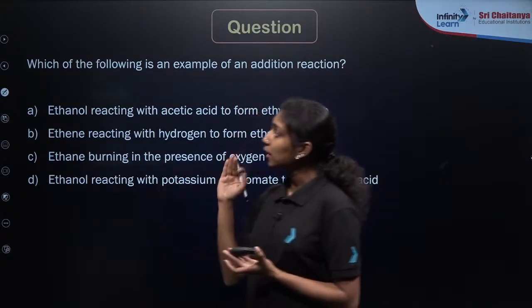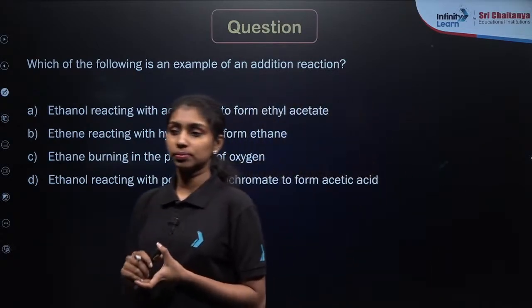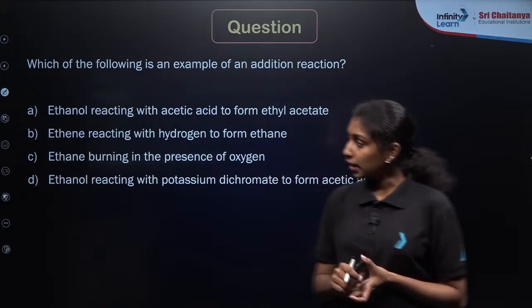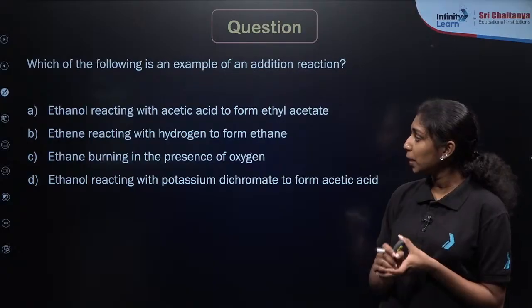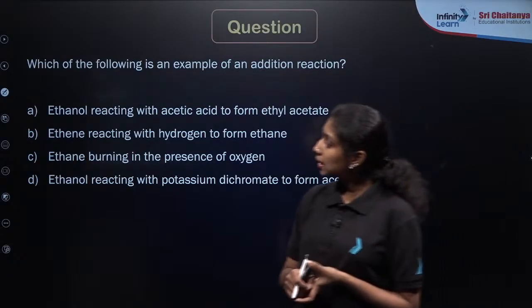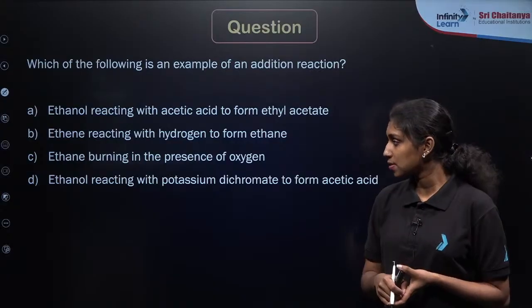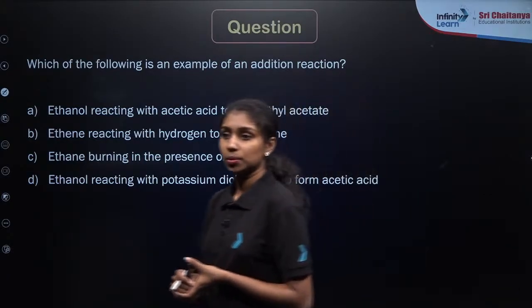So, here we need to identify the exact explanation for the addition reaction. Read the options one by one. First option is ethanol reacting with acetic acid to form ethyl acetate; second, ethene reacting with hydrogen to form ethane; third, ethane burning in the presence of oxygen; and fourth, ethanol reacting with potassium dichromate to form acetic acid.